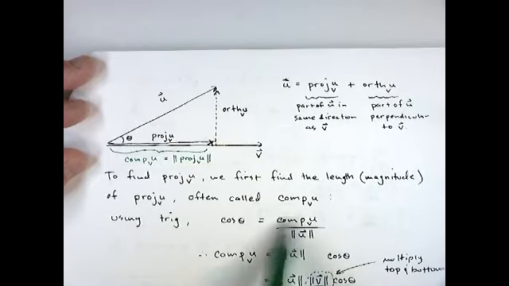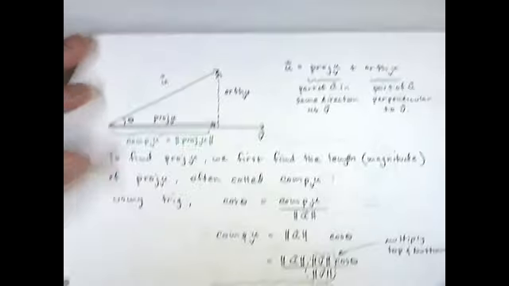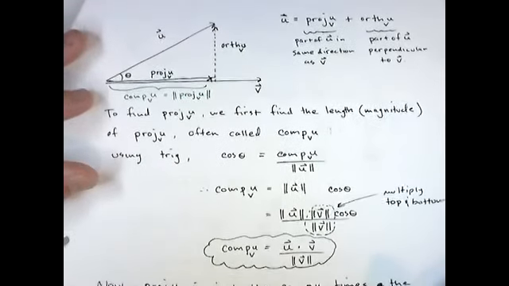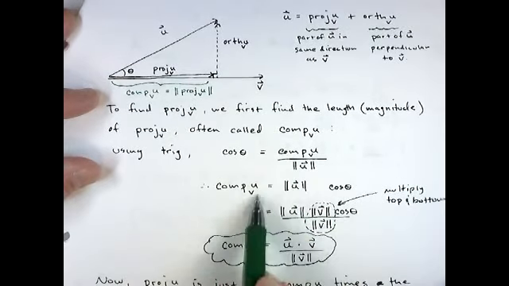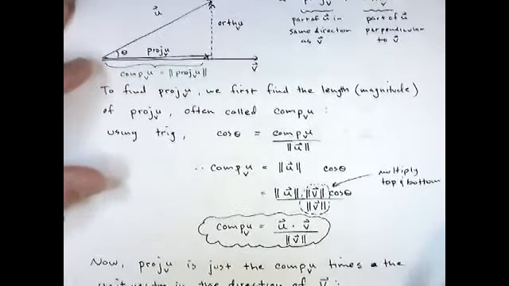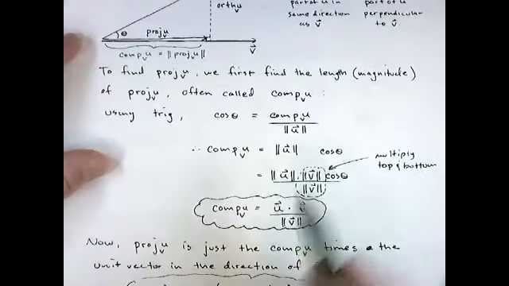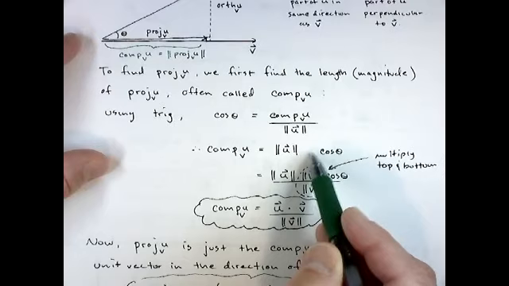So if I solve for the component of u onto v, I multiply by the magnitude of u, so I get the magnitude of u times the cosine of theta. That's right here. Now notice I left a little blank there, because the trick to figuring out the formula is that this looks almost like the formula for the dot product.